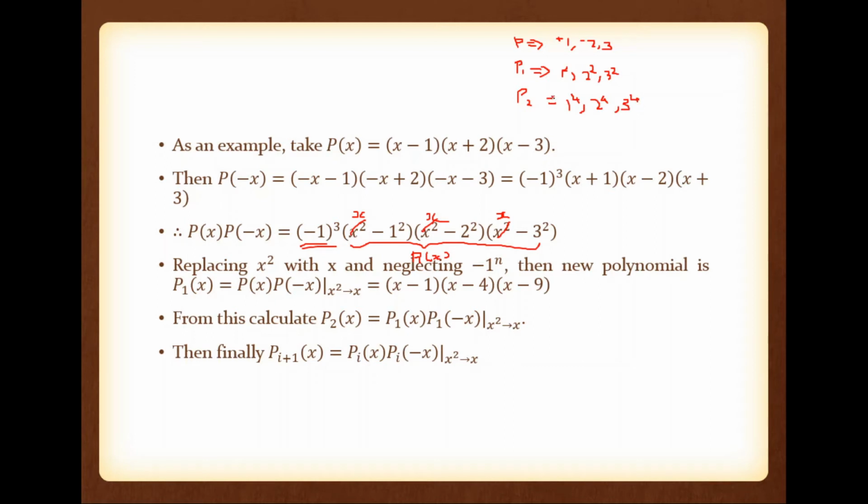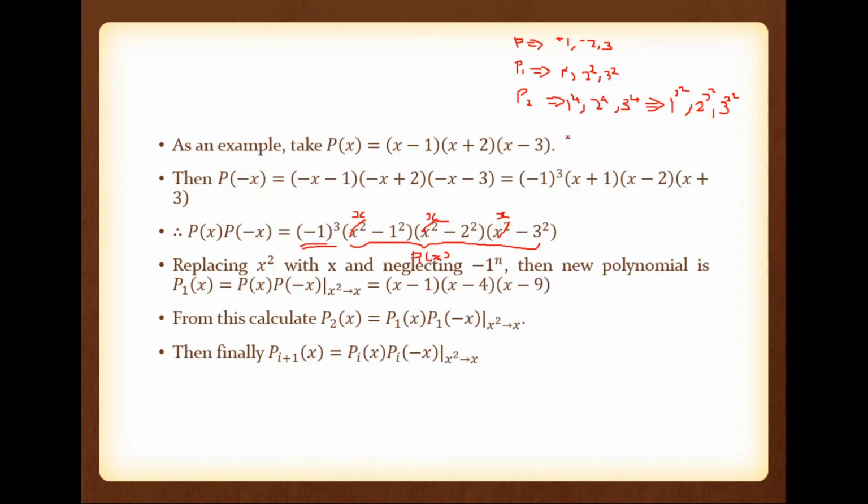Or for convenience we can write this as 1 raised to 2 raised to 2, 2 raised to 2 raised to 2, 3 raised to 2 raised to 2. Am I correct?